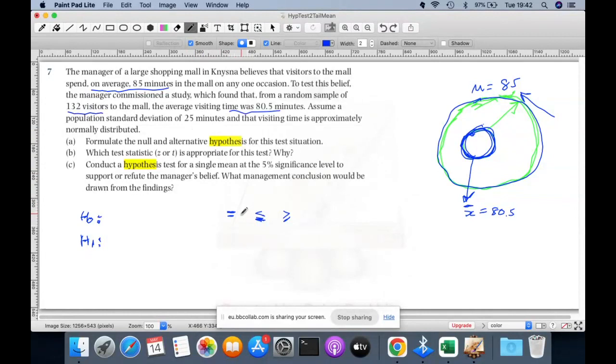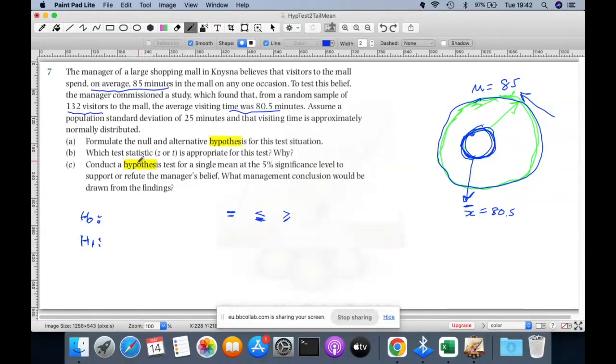Now, how do we know which one to use? Well, we have to read the text of the question and look at what they're claiming. If you read the first two lines, it says that the manager believes that visitors of the mall spend 85 minutes on average. He or she doesn't say anything about spending less than or more than 85. They believe they spend 85 minutes.